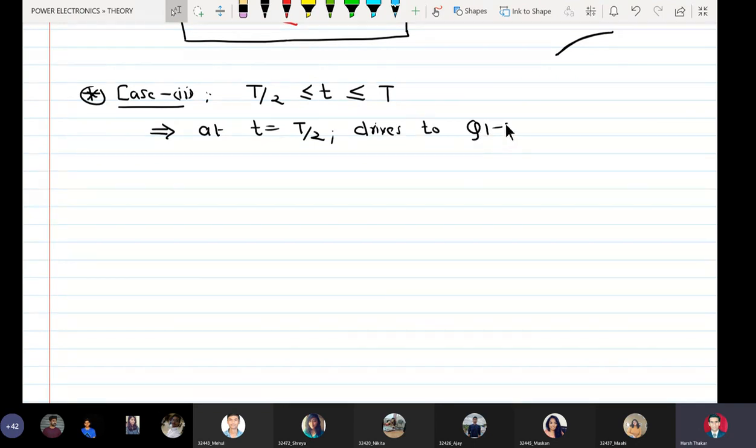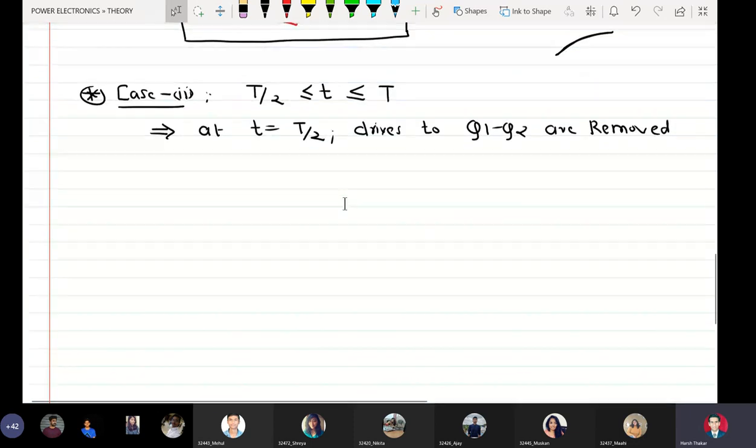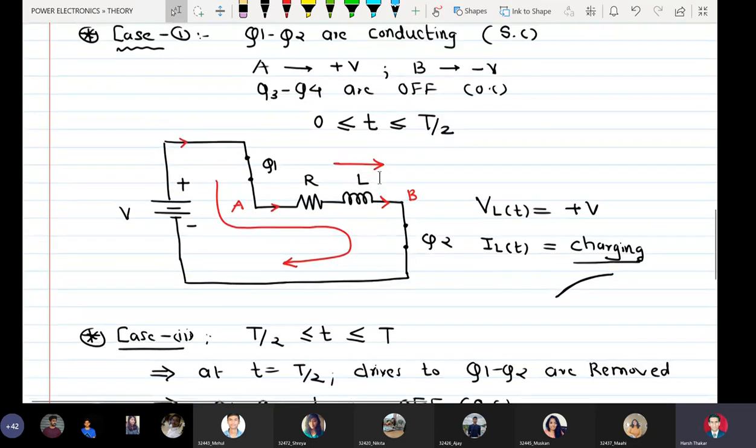At t equal to T by 2, the drives to Q1 and Q2 are removed. When you remove the base current to Q1 and Q2, they become off. Off means open circuit, right?